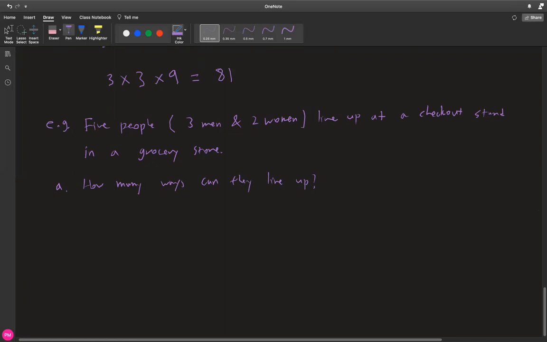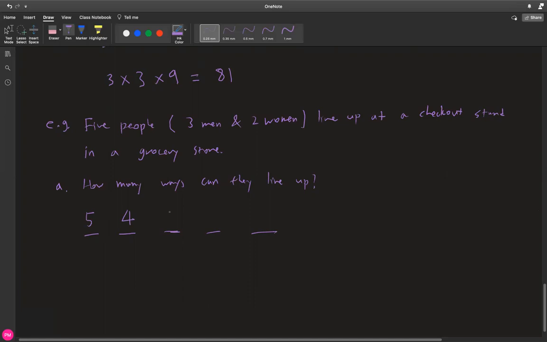So without any restrictions, we know that there are 5 people. So simply we can say for 1, 2, 3, 4, 5 different spots, for the first place we can have 5 different people. And after the first person is chosen, for the second place, we have 4 different ways to choose.